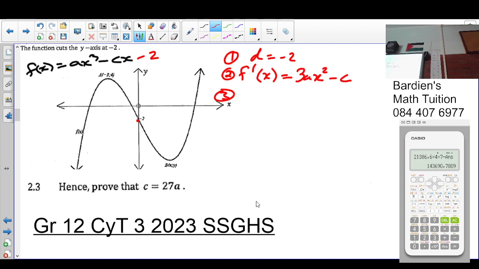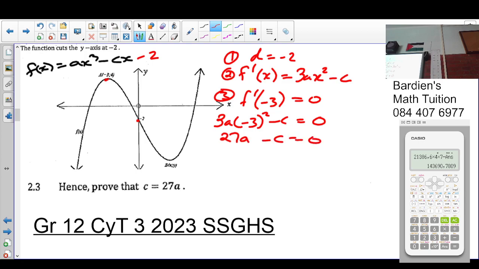Now, we know that this is your turning point. f prime of x is your gradient. f prime of negative 3 is 0. Why? Because it's turning at negative 3. So f prime of negative 3 is equal to 0. So 3a times negative 3 squared minus c is equal to 0. That's going to give you a positive 9. So it's 27a minus c is equal to 0. So c is equal to 27a.